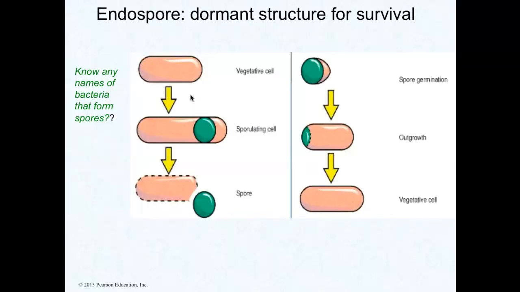So bacteria or prokaryotes have the ability to go dormant and form a spore. So let's take a look at this graph. Very simple diagram. What we begin with is called a vegetative cell. This is a living bacterium. So, nothing special, it's just alive.